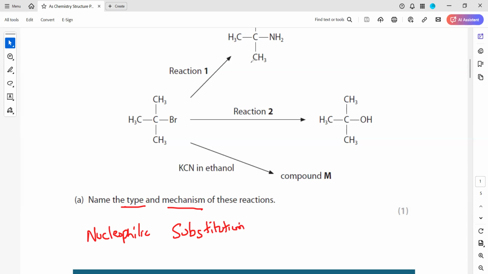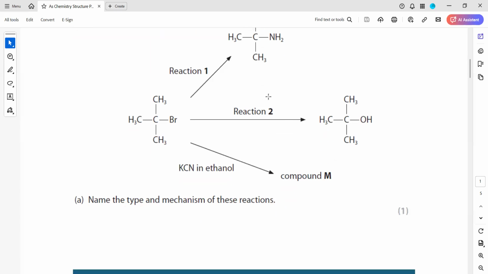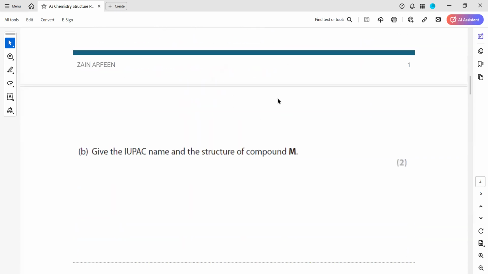So these all are nucleophilic substitution reactions. If it was elimination, then the halogenoalkane would form an alkene, but it is not forming an alkene. And when it forms an alkene, there should be potassium hydroxide or sodium hydroxide in alcoholic medium.